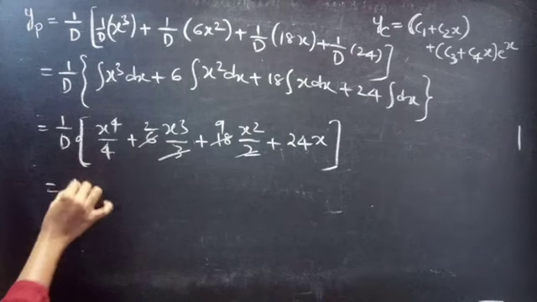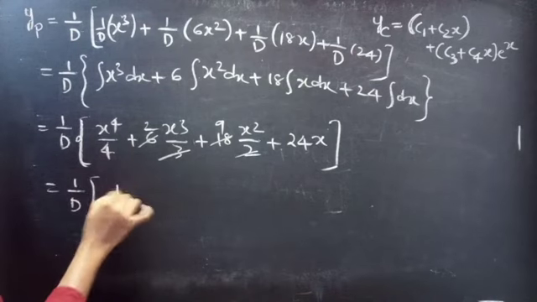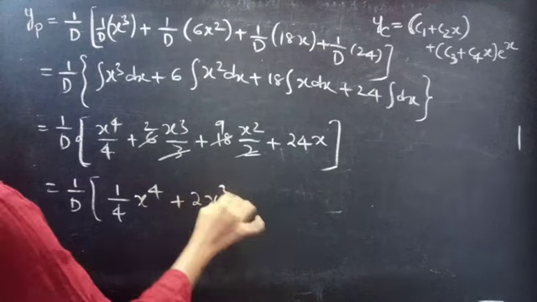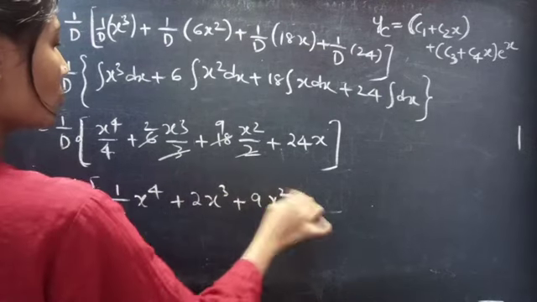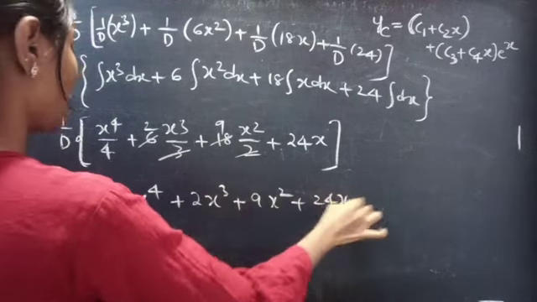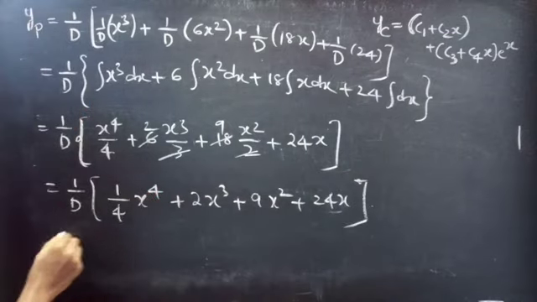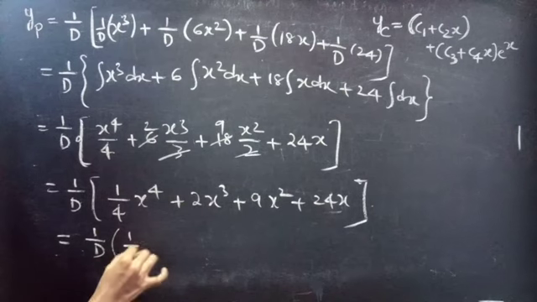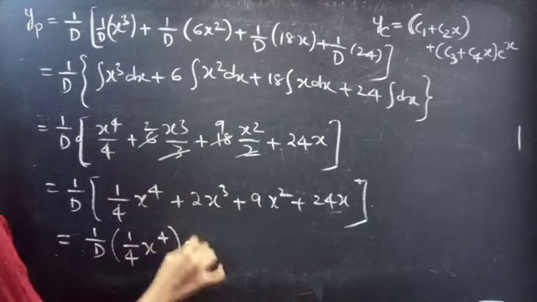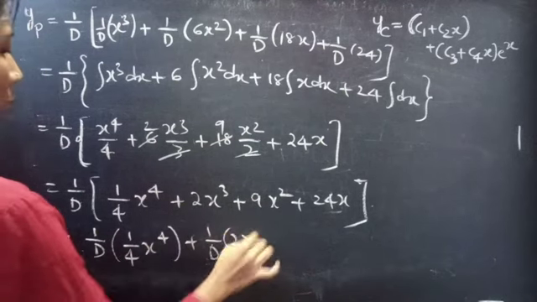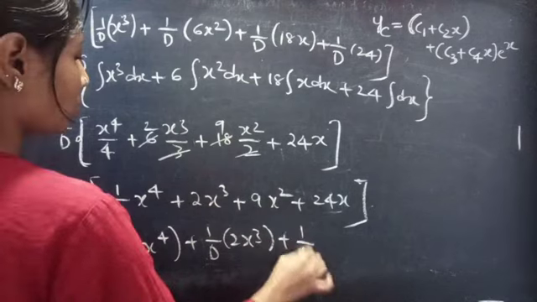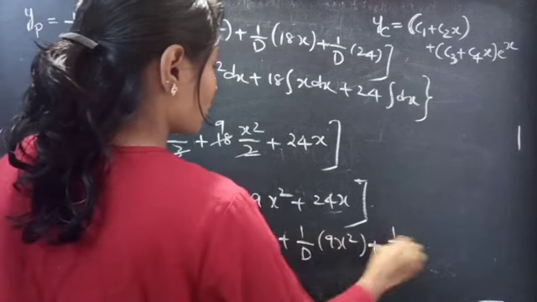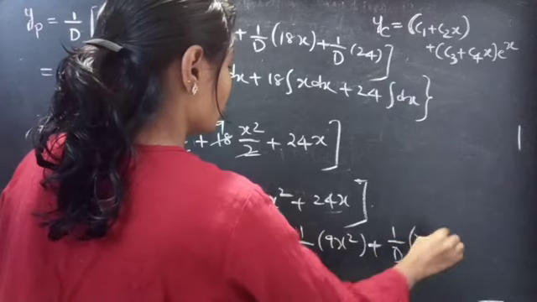This equals 1 by D into 1 by 4 x power 4 plus 2x cube plus 9x square plus 24x. Now let's perform 1 by D. We'll get 1 by D of 1 by 4 x power 4 plus 1 by D of 2x cube plus 1 by D of 9x square plus 1 by D of 24x.